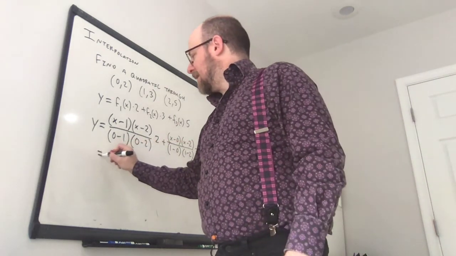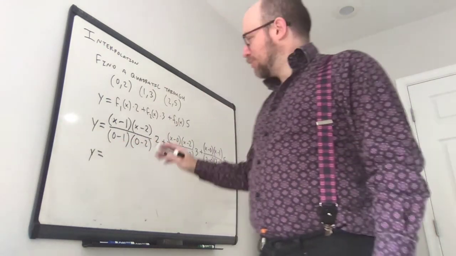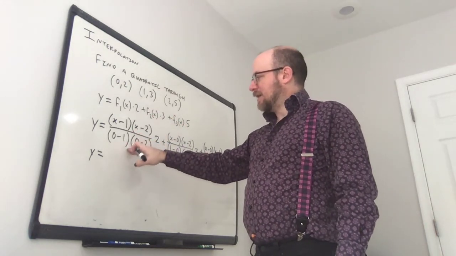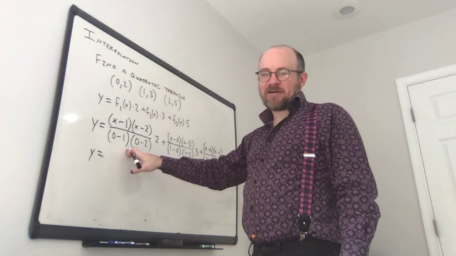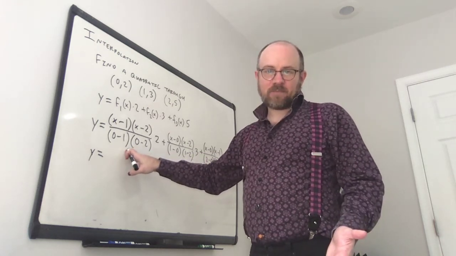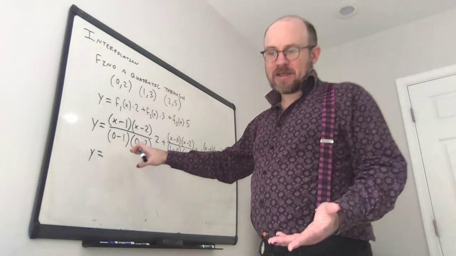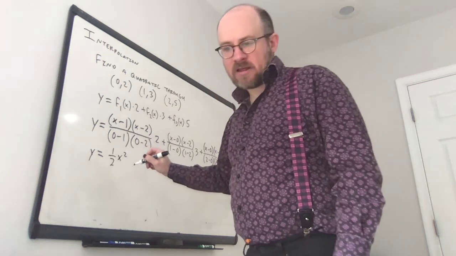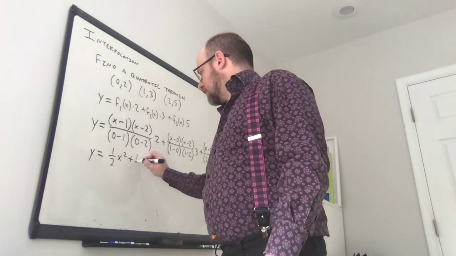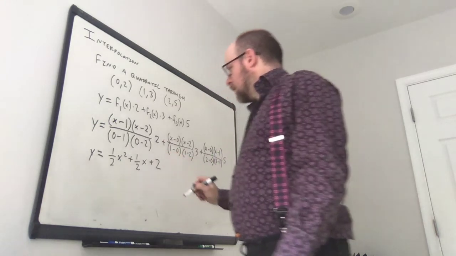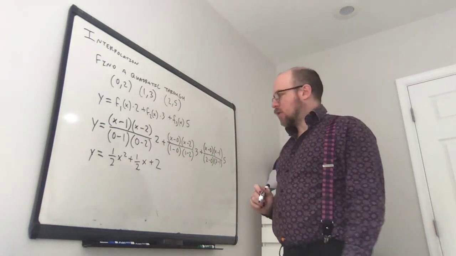So if you write this down, you can go through, reduce this polynomial down, multiply everything out, get the coefficients. Notice that the denominators are all integers, so this isn't actually that bad. Okay? So we end up getting 1/2 x squared plus 1/2 x plus 2. Okay? That ends up being our equation.